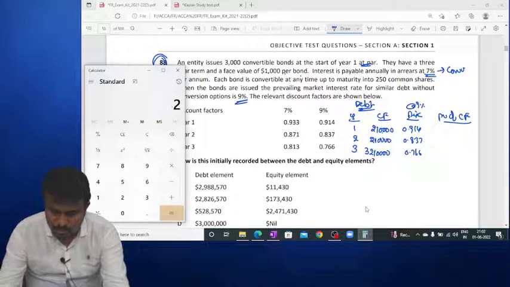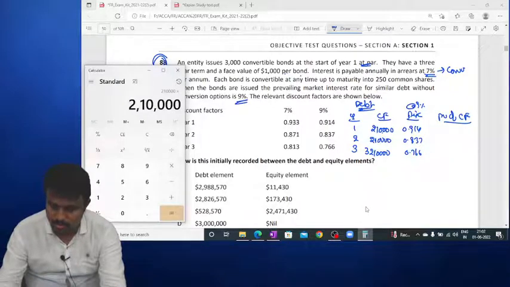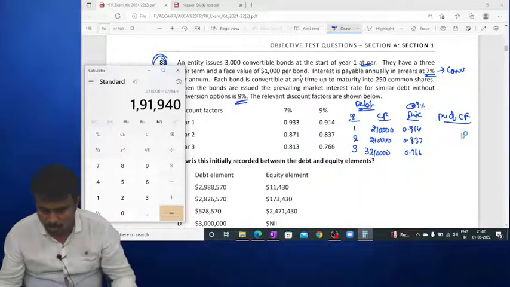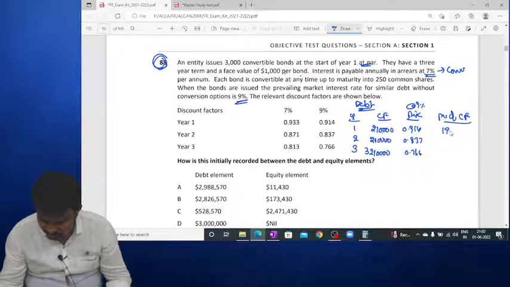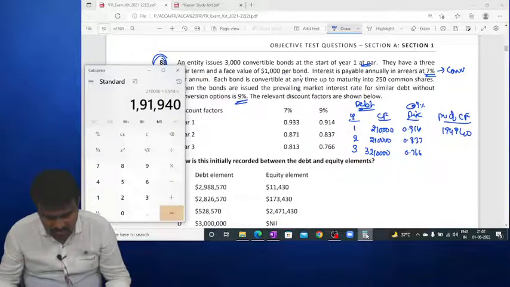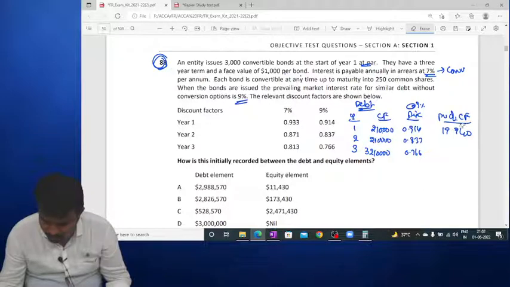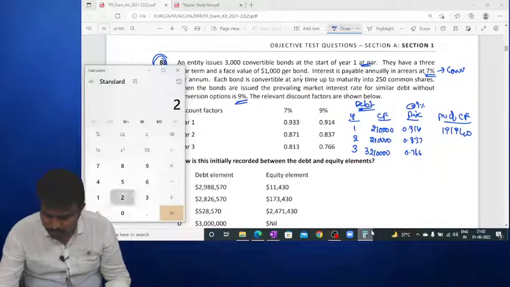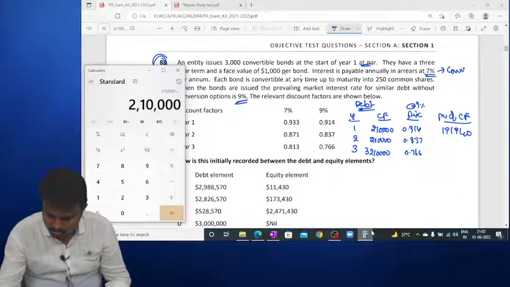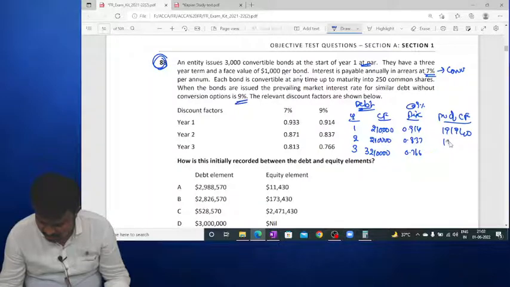So 2 lakh 10,000 into 0.914 equals 1 lakh 91,940. Then 2 lakh 10,000 into 0.837 is 175,770.